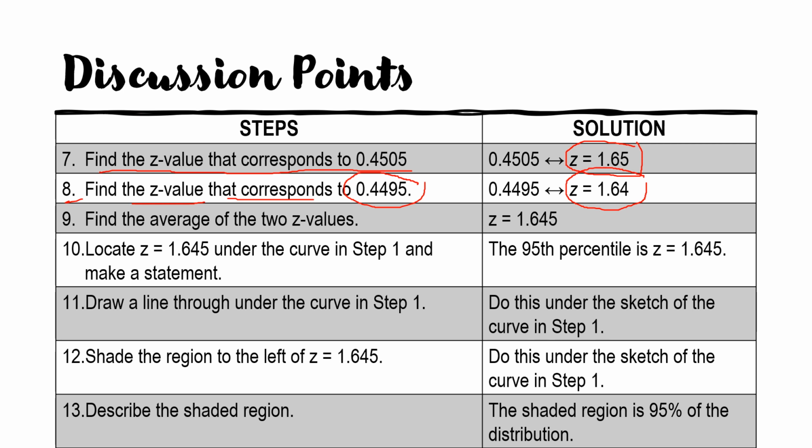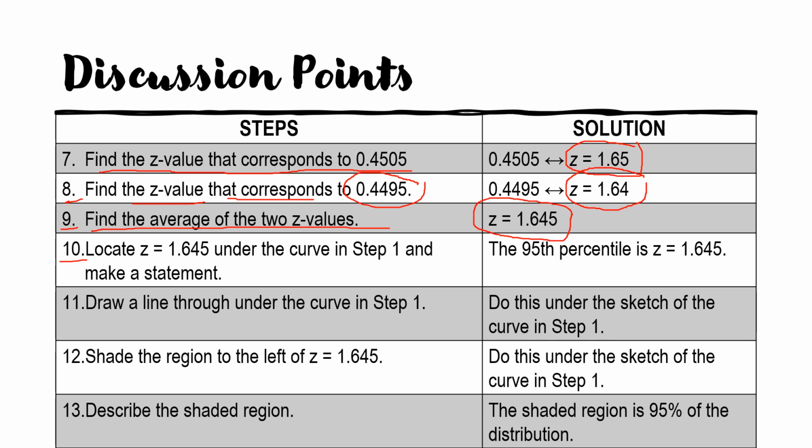Now, in your step number 9, you're going to find the average of the two z values. We're going to add these two z values, 1.65 plus 1.64, and divide it by 2. Your resulting value from the average of these two z-scores will be equal to 1.645.